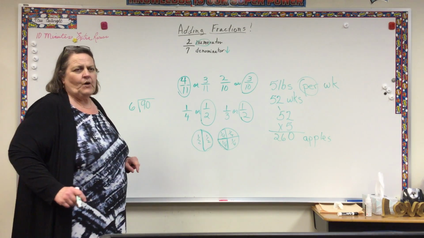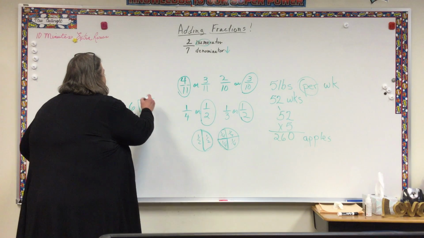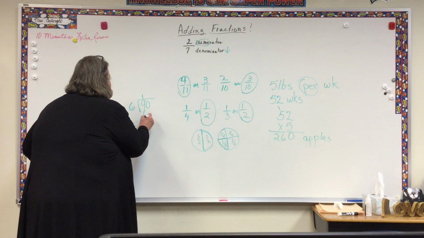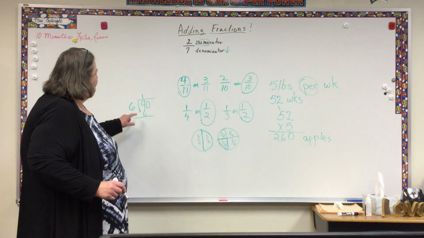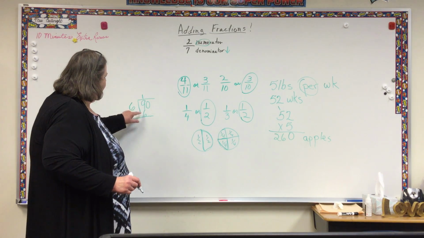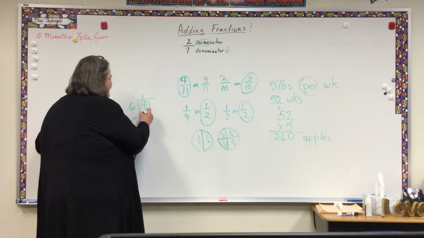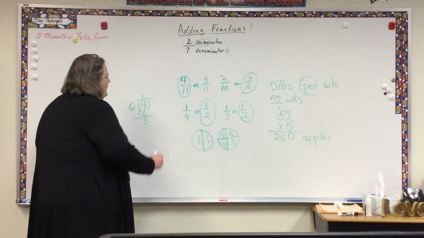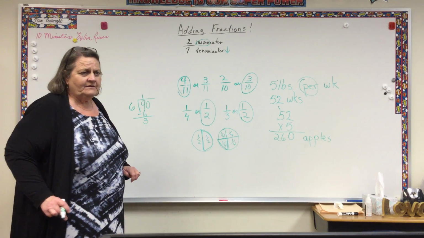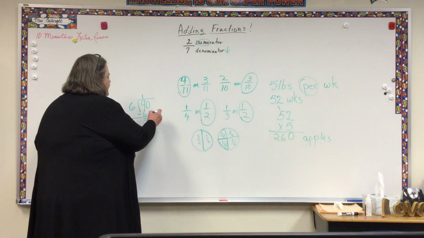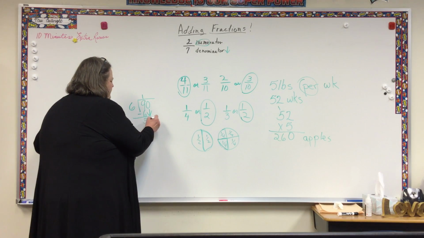Okay, let's see if we can do that. 6 into 9 is what? Well, 1. 1 times 6 is 6. So I have divided, now multiplied, now I have to subtract. 6 from 9 is 3. I have to compare, is 3 less than 6? Yes, so then I bring down 0 to make 30.